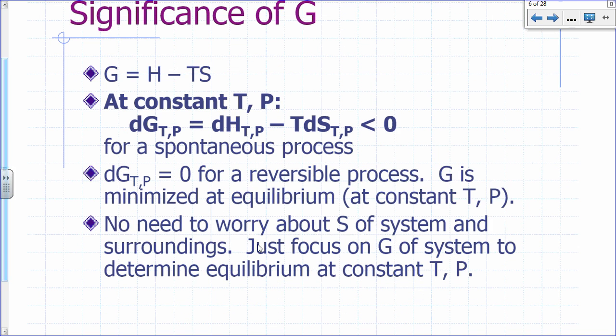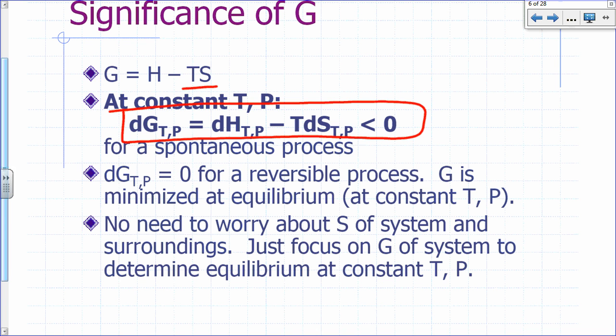All right, similarly, you can make the same arguments for G. Gibbs free energy is H minus TS, and the condition you'll be able to show is that the Gibbs energy drops as the process occurs during a spontaneous process at constant temperature and pressure instead of temperature and volume. This time we do temperature and pressure.